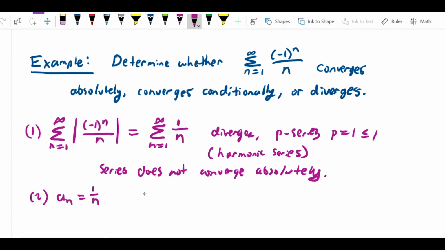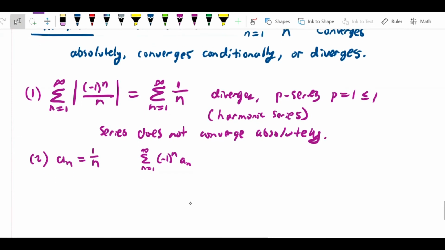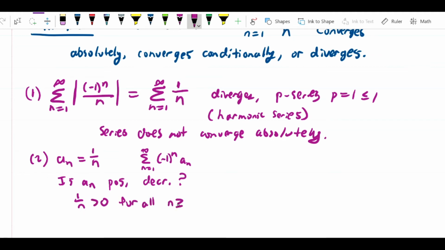Then we can see that the series is in fact the sum from n equals 1 to infinity of (-1)^n a_n. So let's verify, is a_n positive and decreasing? It's certainly positive, because 1 over n is greater than 0 for all n greater than or equal to 1. Since we're starting this series at 1, that's the relevant value of n.